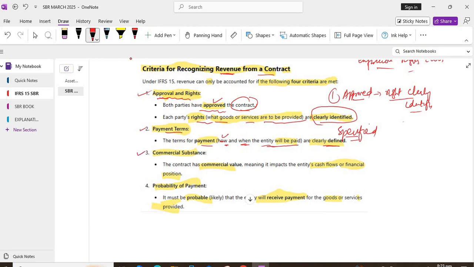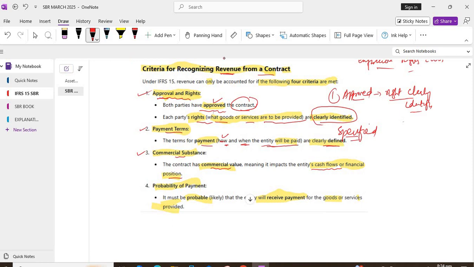Now the third one is commercial substance, meaning the contract has commercial value, that is, it affects the entity's cash flows or financial position. So when the contract affects cash flows or has economic value, the commercial substance criterion is also met.